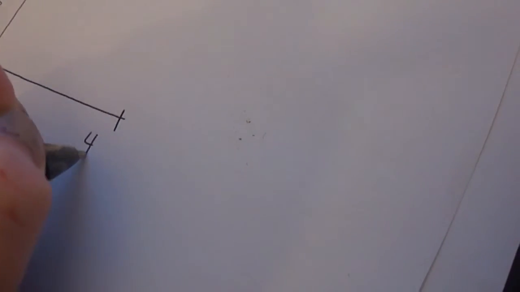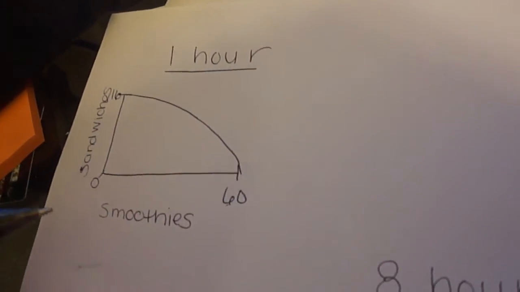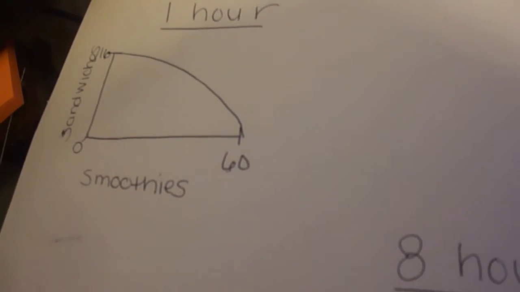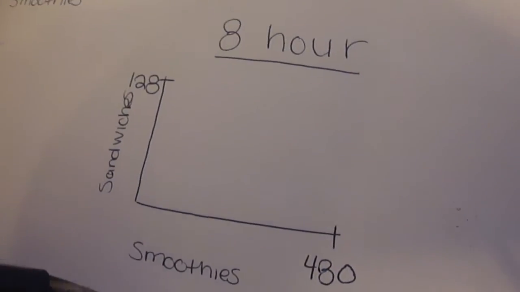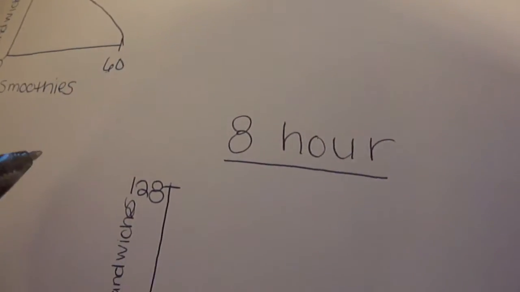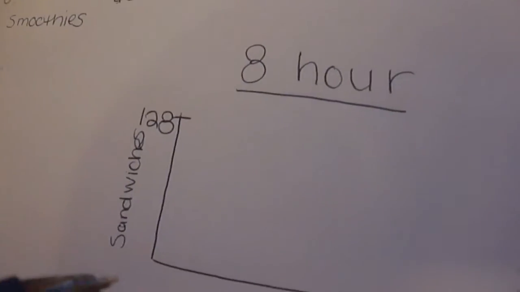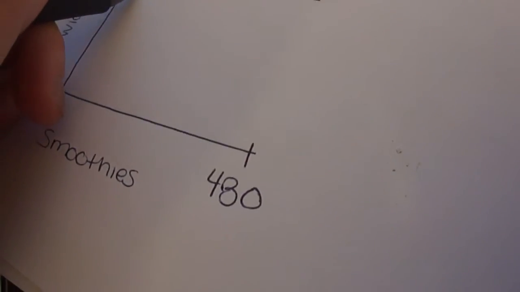I got the 480 because the 60 smoothies is done in 1 hour if my blender can make my smoothies 3 times as fast. And then in an 8 hour period, it goes up to 480 smoothies. And my sandwiches stay at 128, originally being 16 for 1 hour. So then I draw my curve.